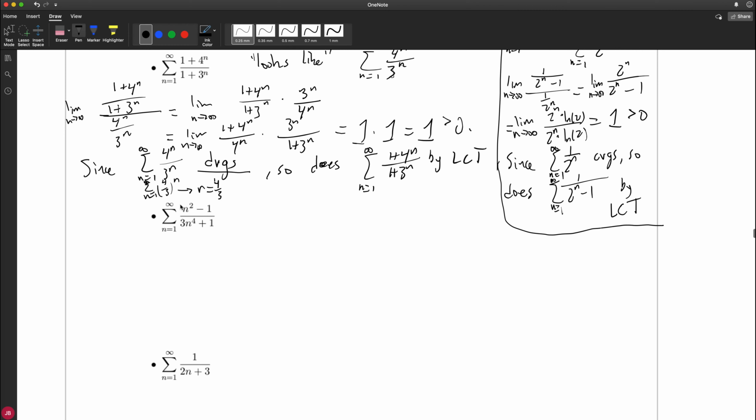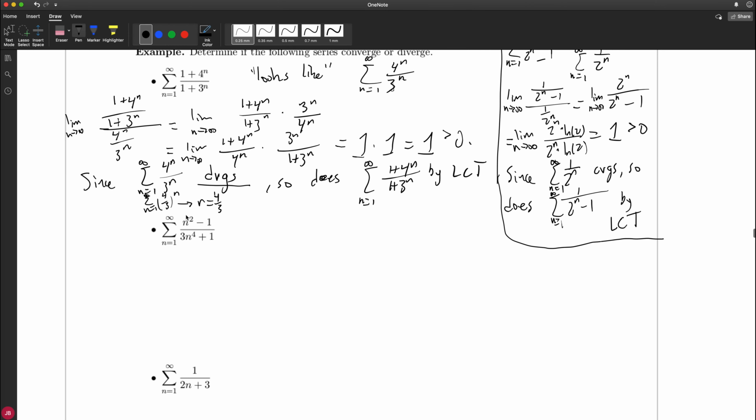So for this one, the way that you want to do it is kind of treat it like the one above. So get rid of all lower order terms from both the top and bottom. So this one looks like the sum n equals 1 to infinity of n squared over 3n to the 4th.